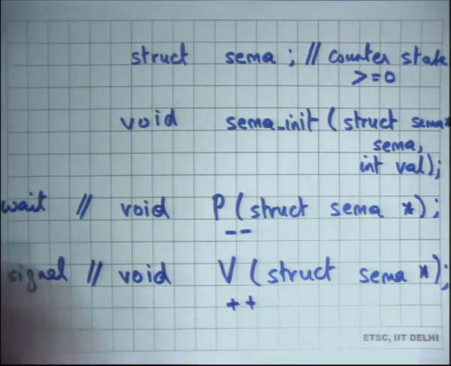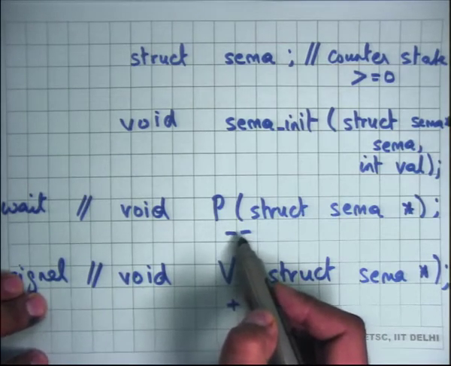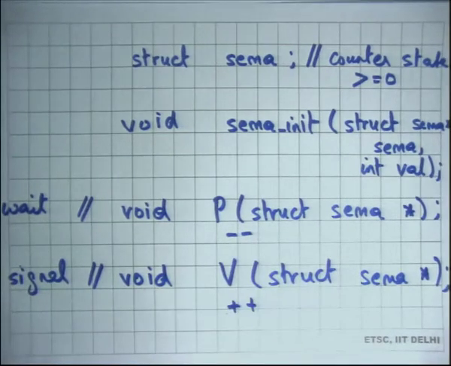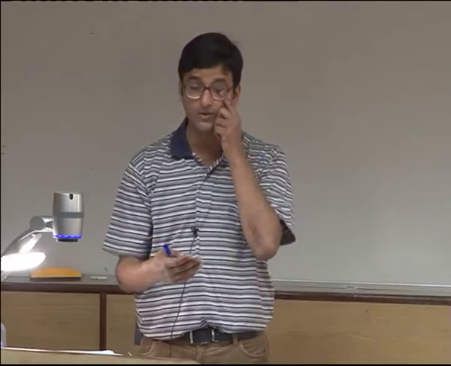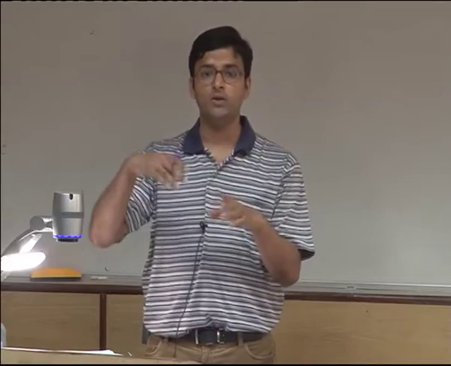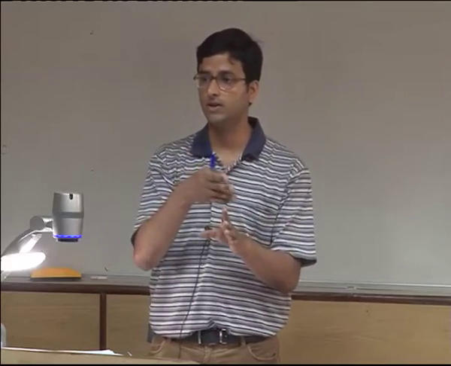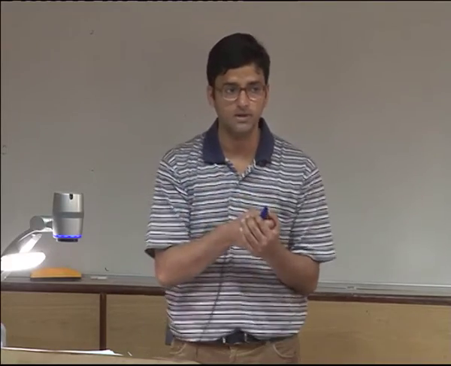Except that minus minus will only happen if the counter was greater than 0. If it is equal to 0, you will never allow the semaphore to become negative. So if you call p on a semaphore that's equal to 0, then you will wait for it to become greater than 0, and only when it becomes greater than 0 will you do the decrement operation. All right.